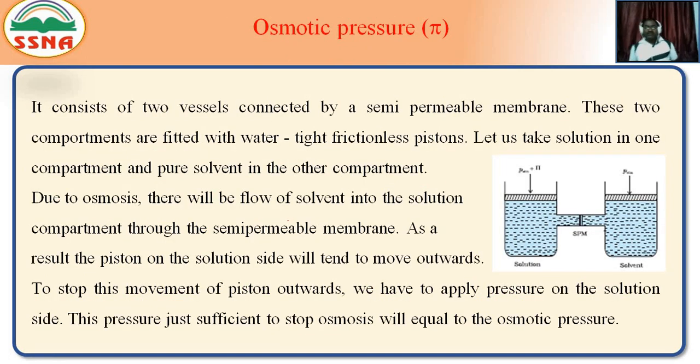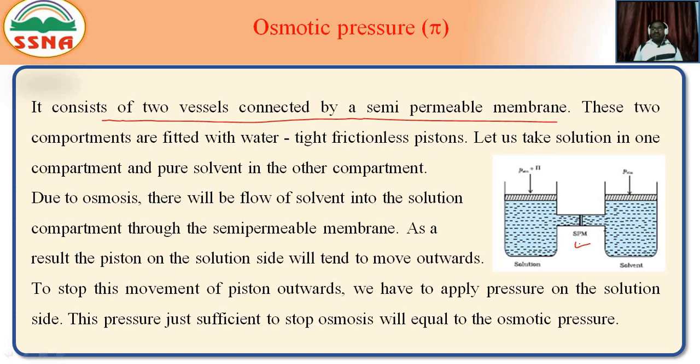Next, we are coming to the point. The last colligative property is osmotic pressure. What is osmotic pressure? It consists of two vessels connected by a semi-permeable membrane. Just observe this diagram. These two compartments are fitted with water tight frictionless pistons.